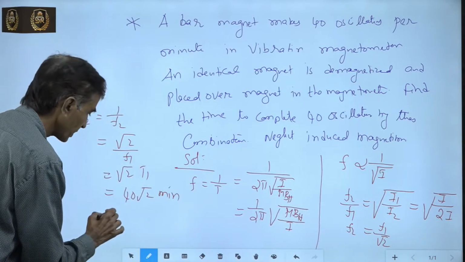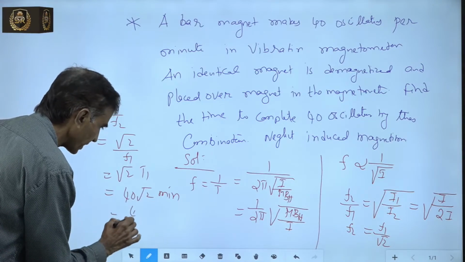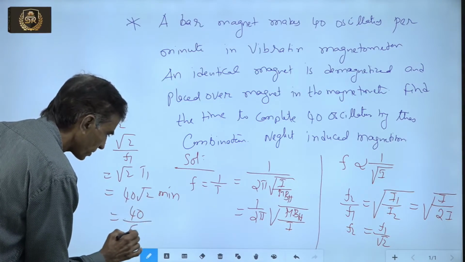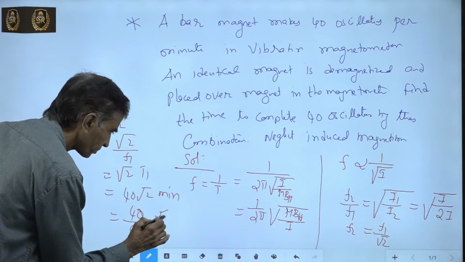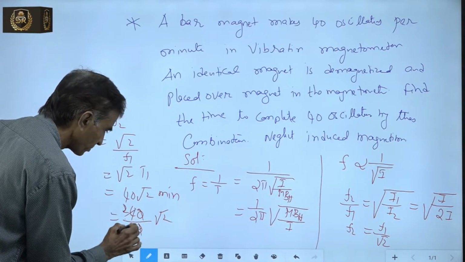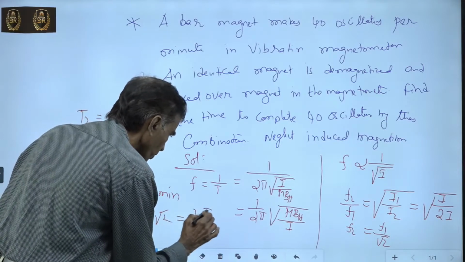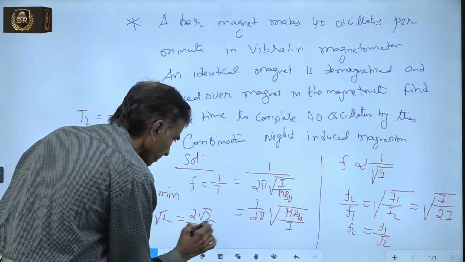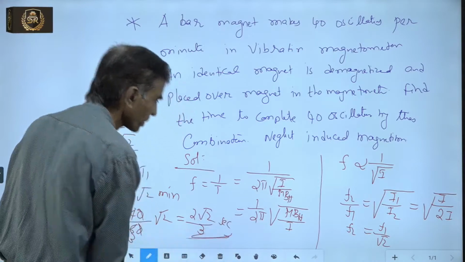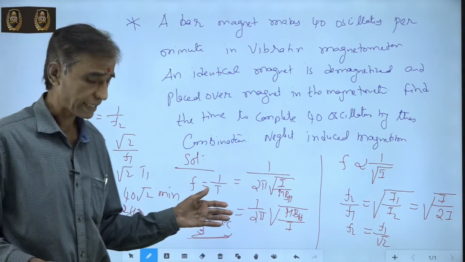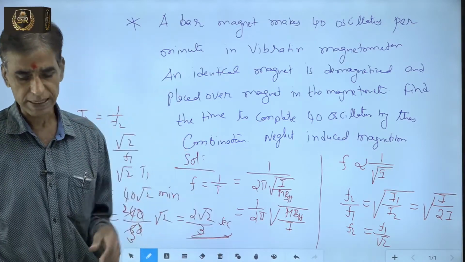Suppose they want the answer in seconds, we just divide by 60, then we get 2 root 2 by 3 seconds. So if seconds is given, you can convert into seconds. Minutes you can leave in minutes itself.